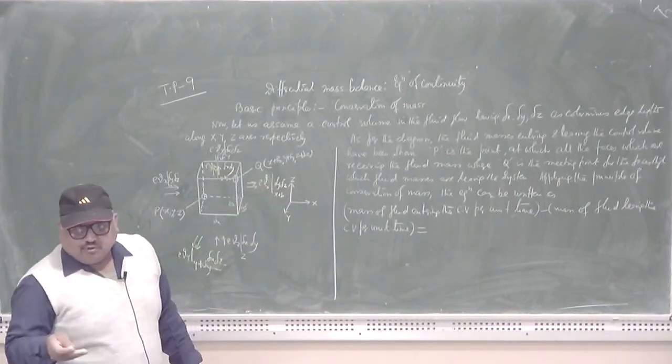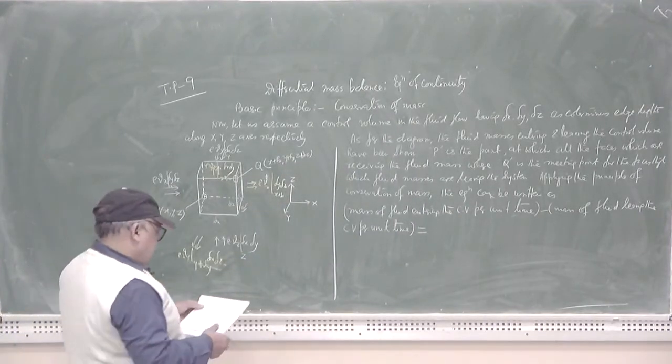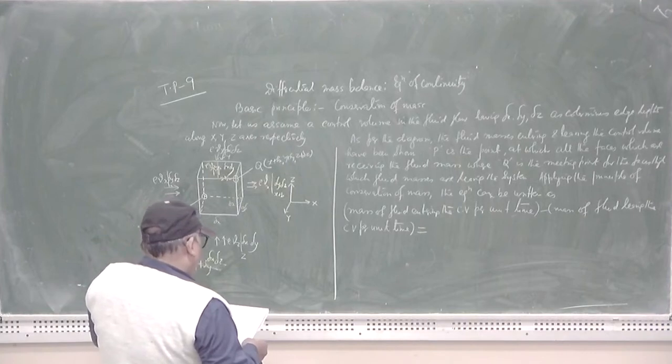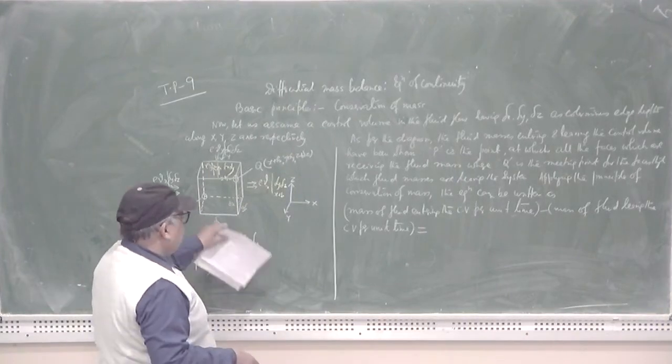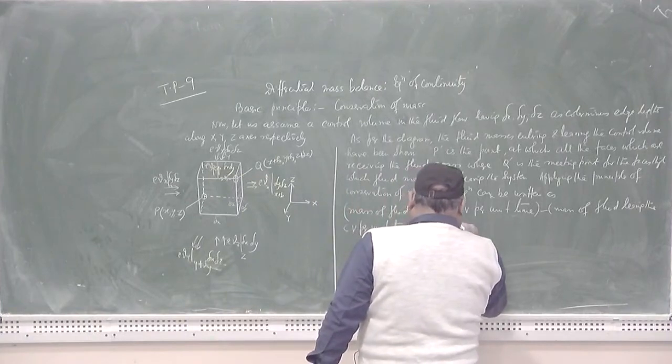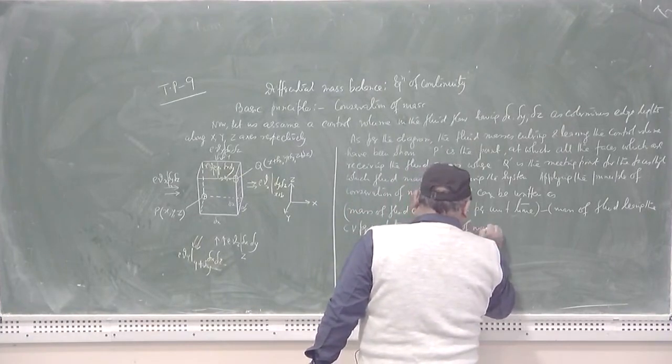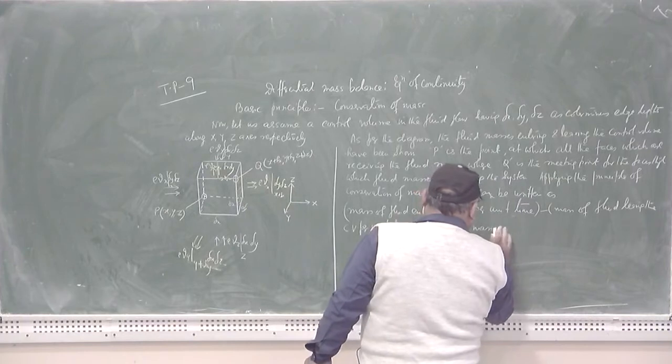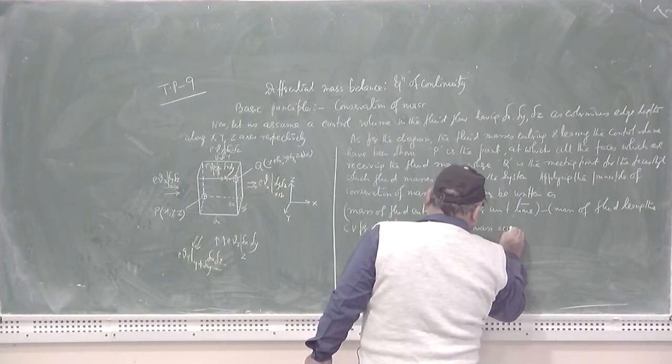That should be equal to the rate of accumulation of mass in the control volume.